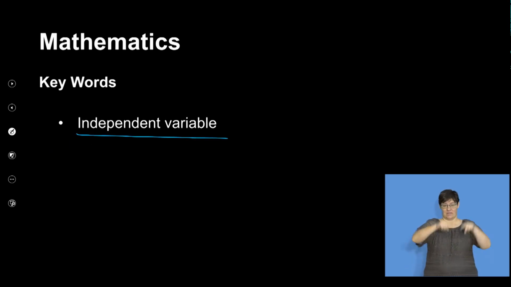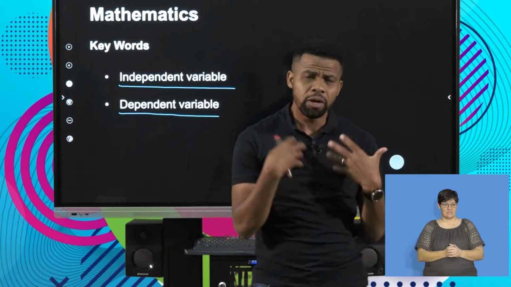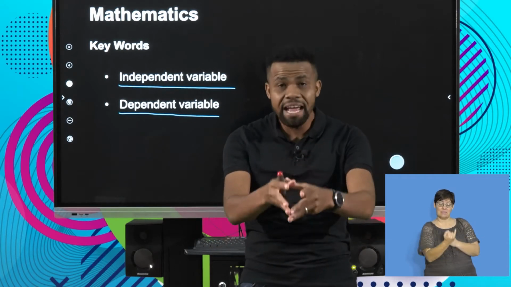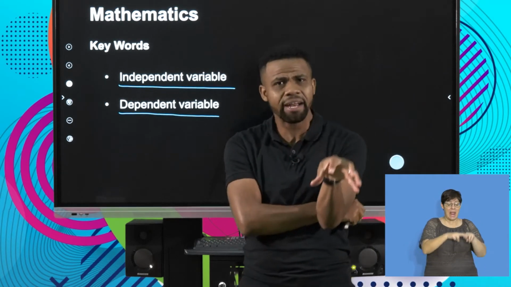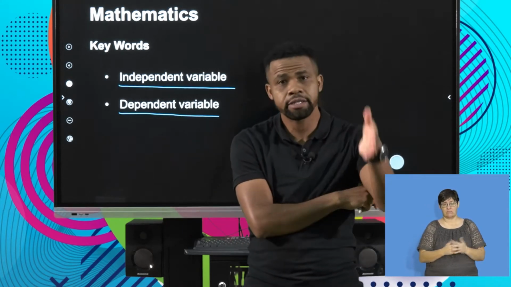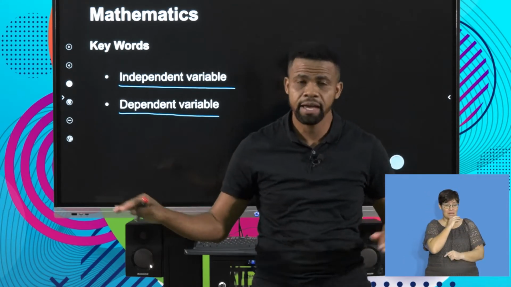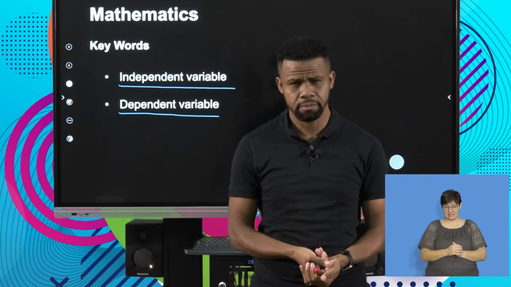Now let's look at an independent variable and dependent variable. The independent variable is a variable that does not depend on the other variable. If I look at a Cartesian plane, that will be my x-axis. That will be an independent variable.